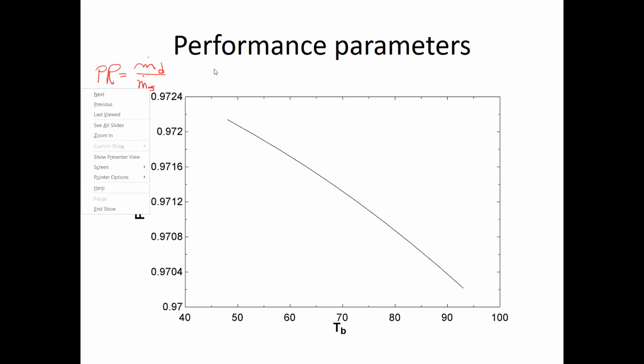There is a relation between the PR and the GOR. The GOR was basically m dot distillate times HFG of vapor, divided by m dot steam times HFG of steam.